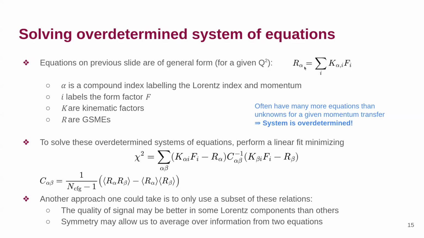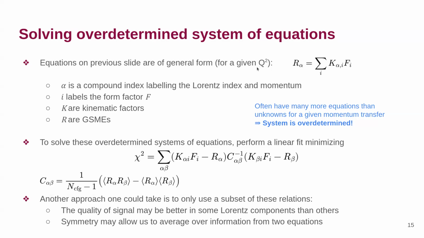The alpha label, though, is important because it is distinguishing, firstly, the Lorentz index that we're looking at. I already spoke about how those equations have been separated based on Lorentz index. But actually within each of those cases, we also have a set of equations for each momentum.